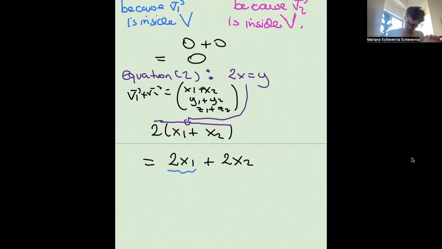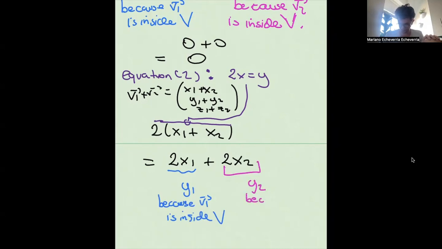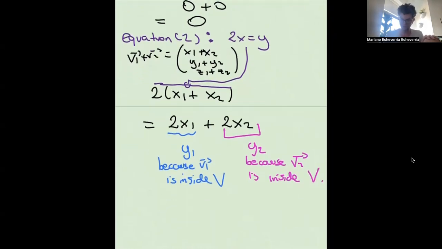Well, that's y1 because v1 belongs to V. And this is y2 because v2 is inside V. So the sum does give you y1 plus y2.